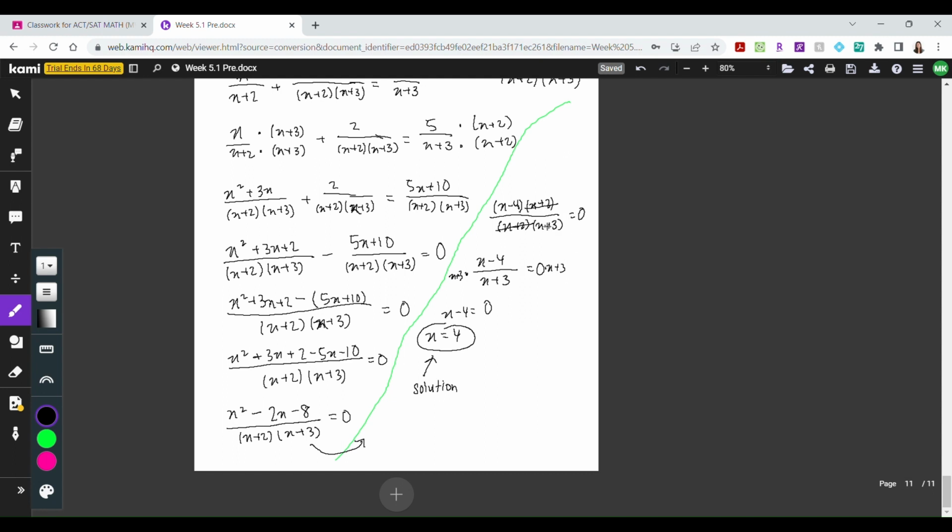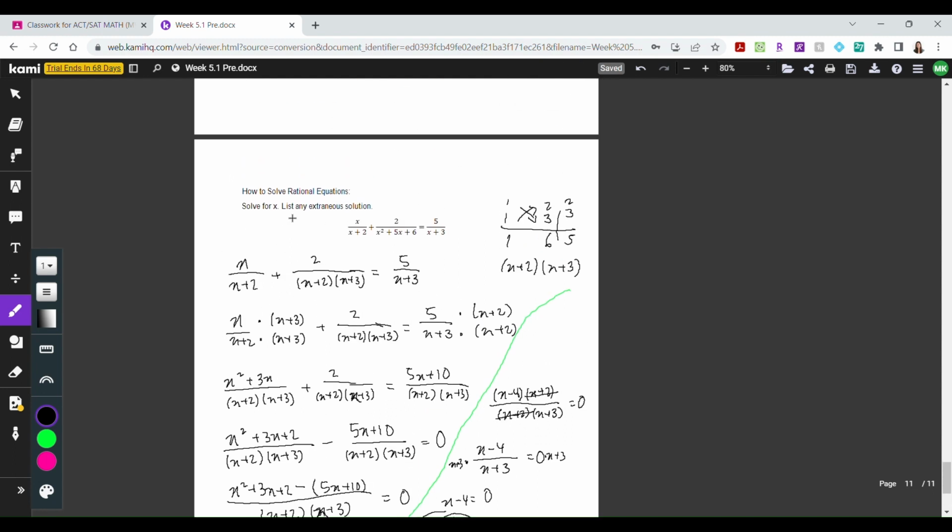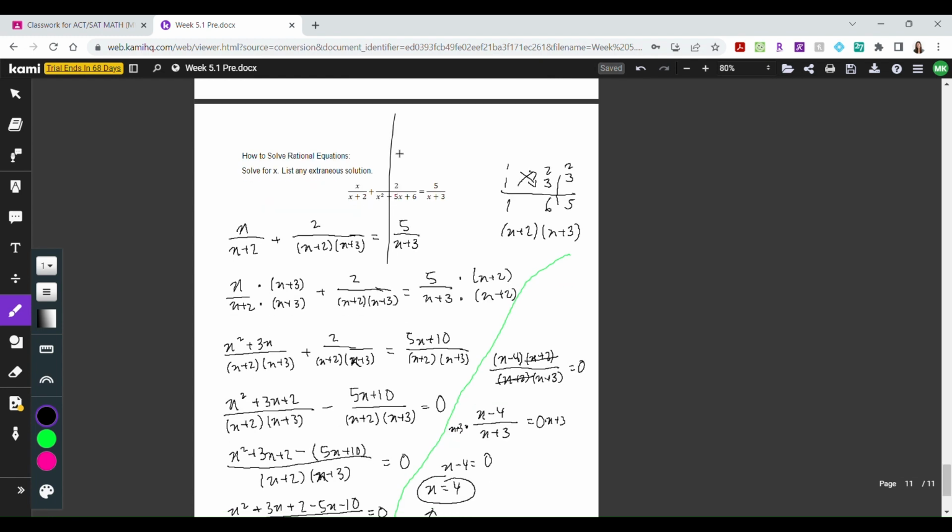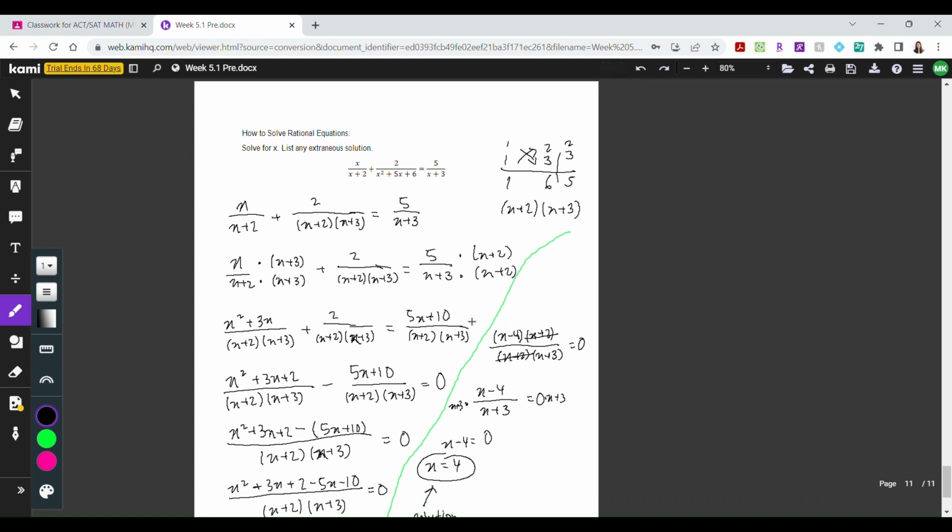Now, if you actually look at the instructions, we also have to list any extraneous solution. An extraneous solution would be a value of x that the equation can equal, but if you were to put it in, it would make your equation undefined.